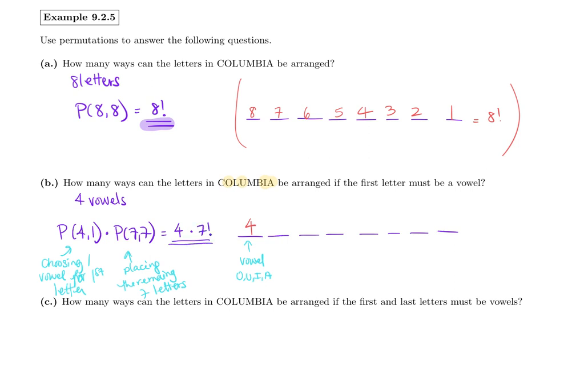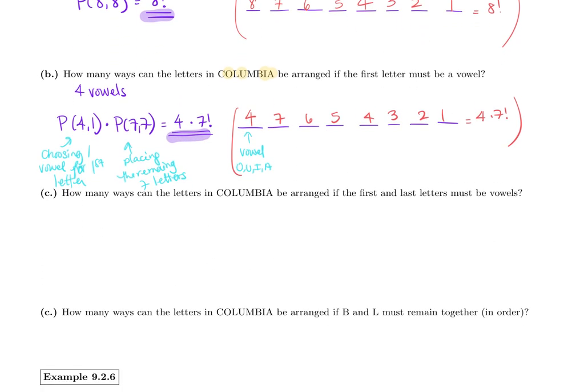And if we talked about doing this with a brute force method, once we chose our first letter, which has to be a vowel, there are only 4 ways to choose it. Now I've eliminated one of our 8 letters, so I only have 7 left, then 6, 5, 4, 3, 2, and only 1 letter for that last one, which is 4 times 7 factorial. So it works even using our brute force method.